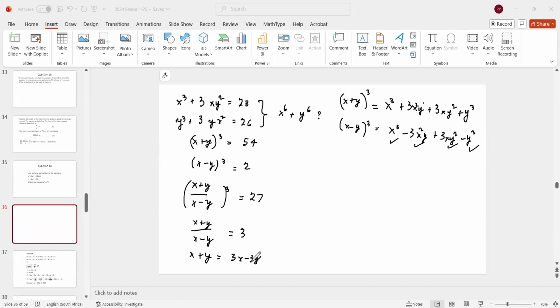So where do you get from there? Well, that means that if we bring all the x's to one side, I get 3x minus x, which is 2x.